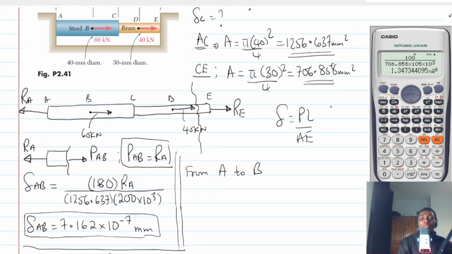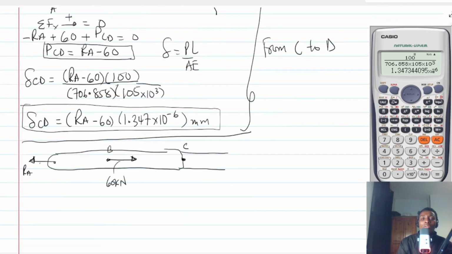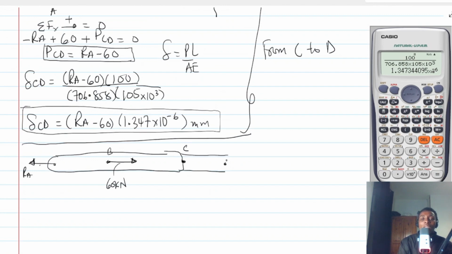At D there is 40 kilonewton, but we will go beyond it, and that is where we are. We are going to cut between D and E. Let's call this PDE.